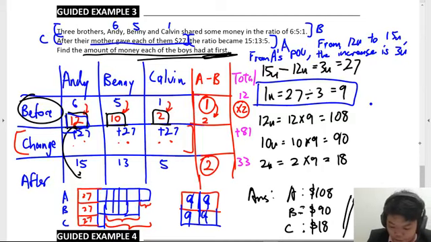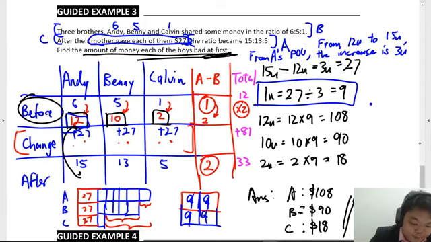The increase of 3 units, where did it come from? It must come from somewhere. It came from their mom, giving them net $27.